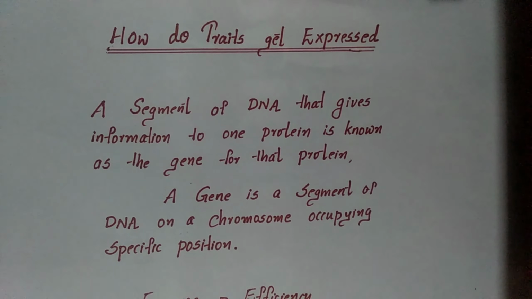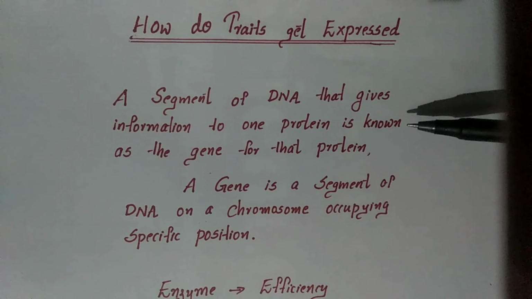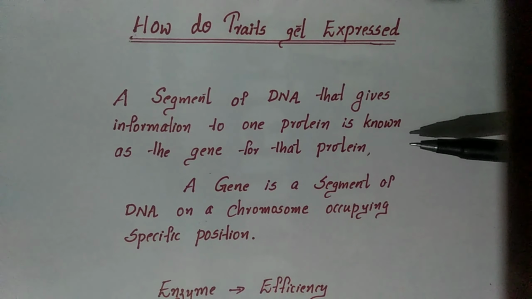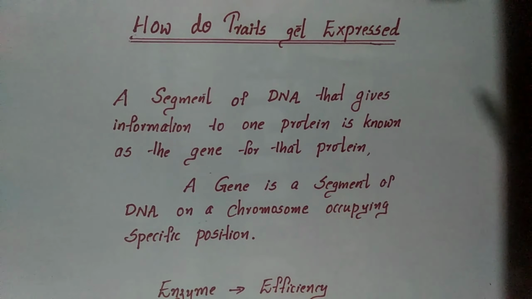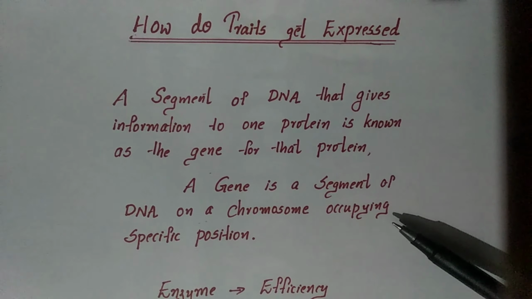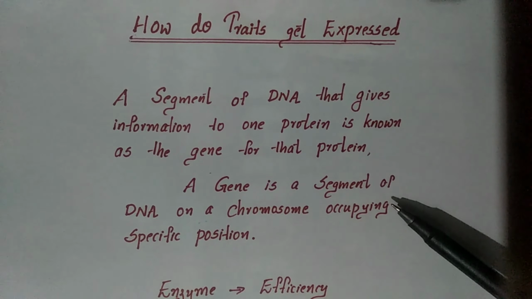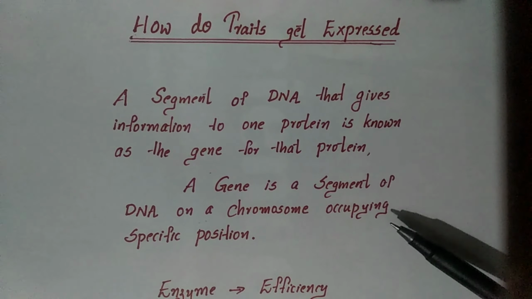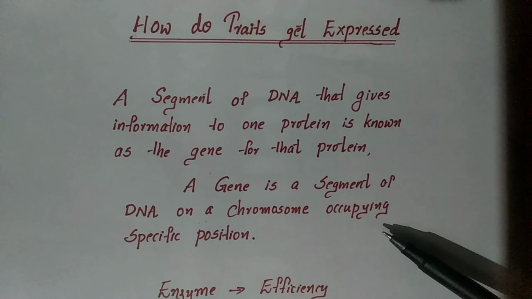If a particular trait is getting expressed, for example, we have seen in the case of monohybrid ratio and dihybrid ratio that there are dominant trait and recessive trait. This dominant character is getting expressed. For example, tallness is found to be a dominant character, whereas dwarfness, or dwarf plant, is found to be a recessive character.